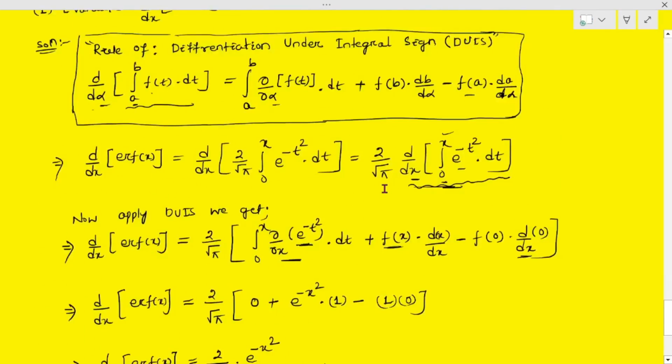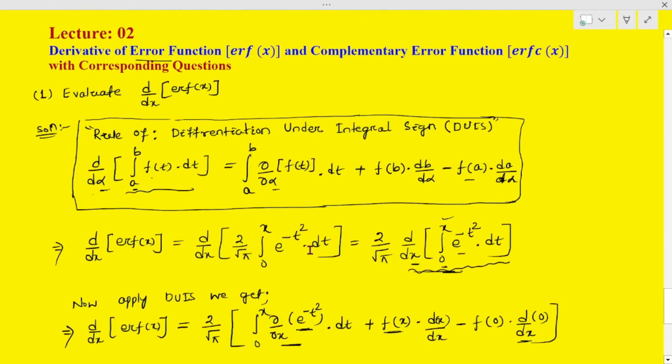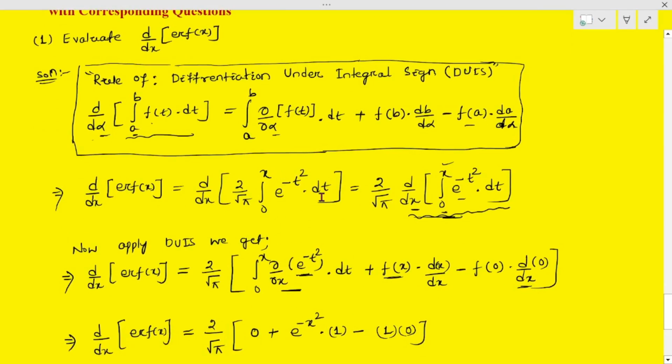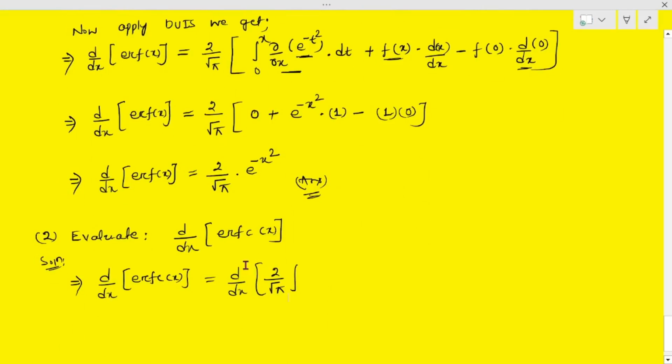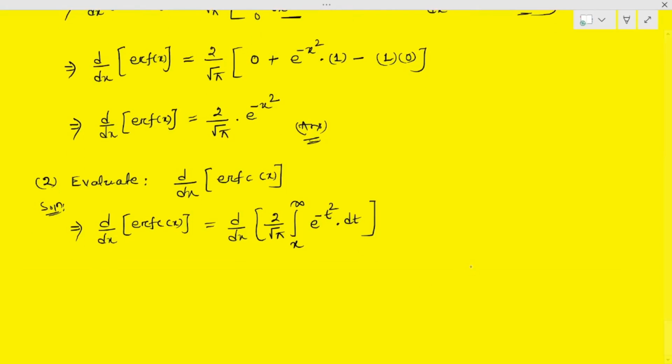In case of the error function, the limit is 0 to x, but for the complementary error function it will be x to infinity. Okay, x to infinity e to the power minus t square dt. Here 2 by root pi is the constant taken outside.